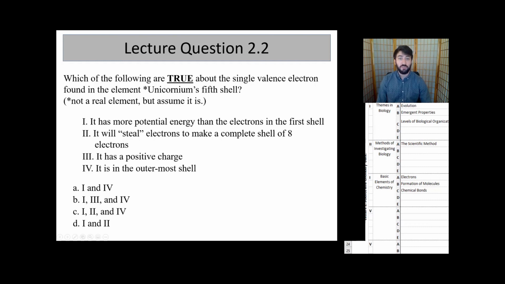2.2. Which of the following are true about the single valence electron found in the element unicornium's fifth shell? Note here, unicornium is not actually a real element, but let's pretend it is. So, does this valence electron have more potential energy than the electrons in the first shell?